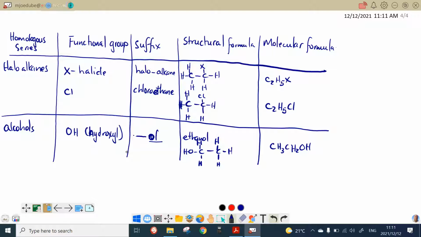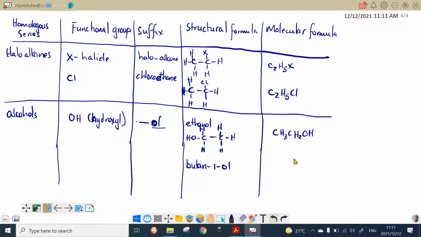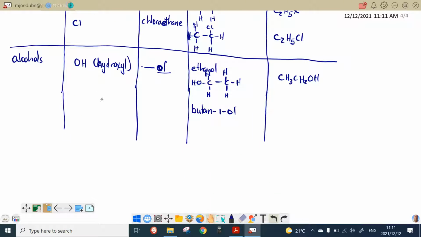And another example, let's say you've got something like butan-1-ol, and so what that means is the functional group is found on carbon number 1, and if it's on carbon number 1, you would then represent it as having your 4 carbons.